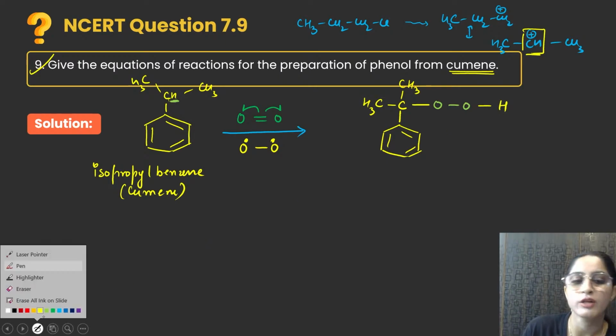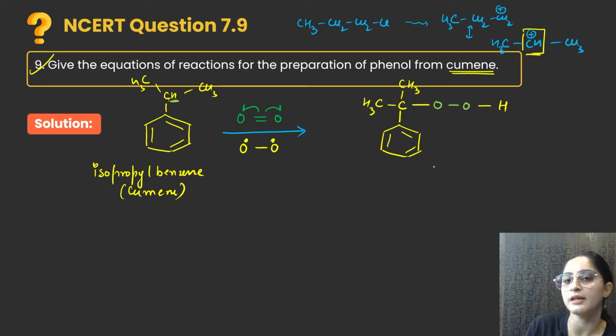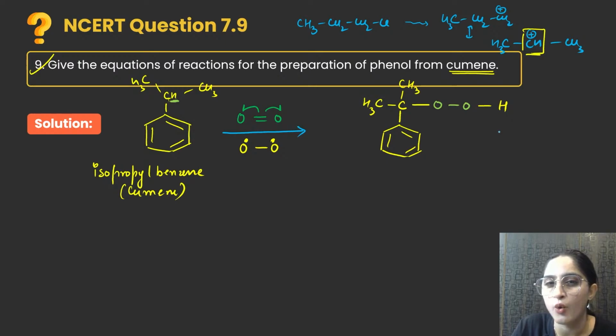Now in some books it is directly written that you add O2 and then you add H positive. Now how will we take that H positive?